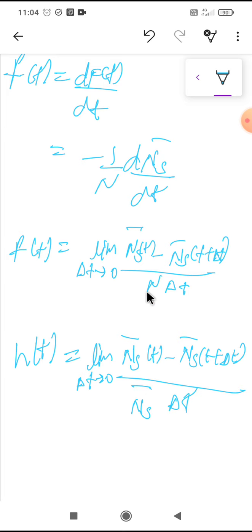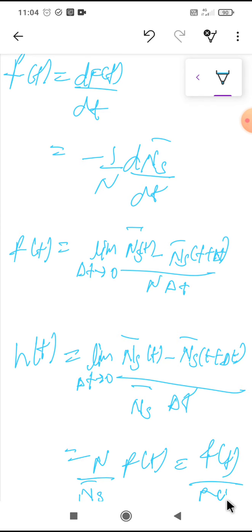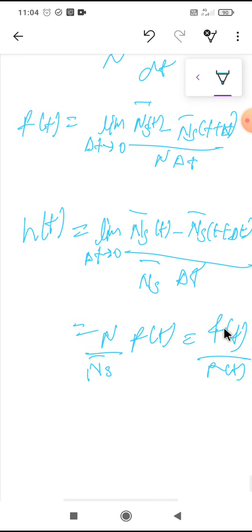So we replaced n with ns bar. We can write this as n upon ns bar times f of t, or as f of t divided by r of t. So f of t is the pdf, and r of t is the reliability.